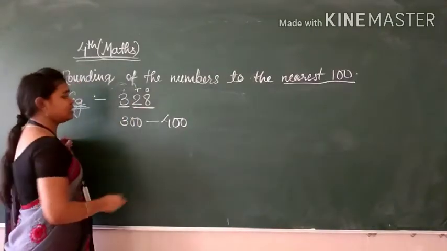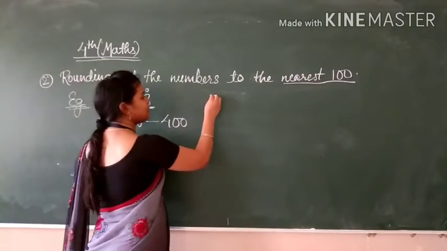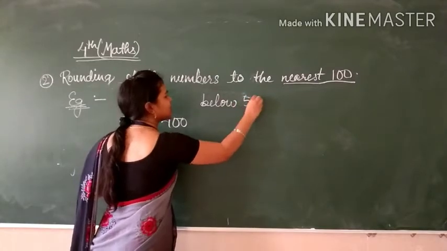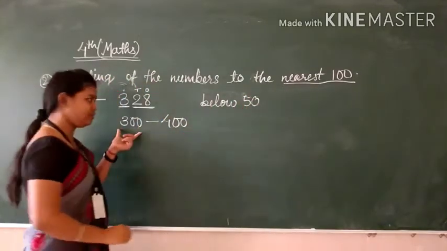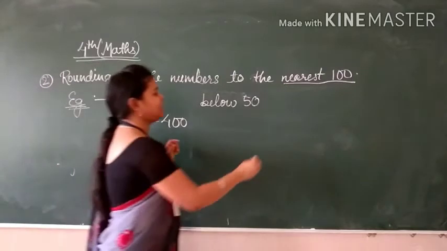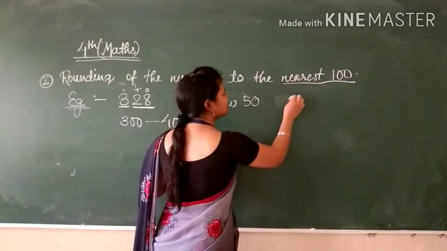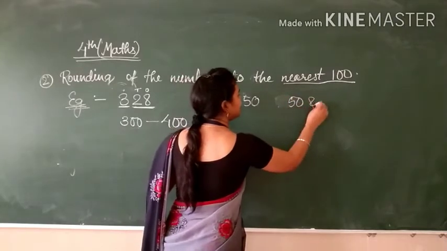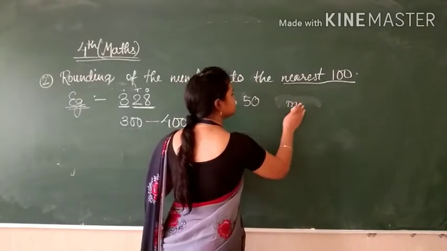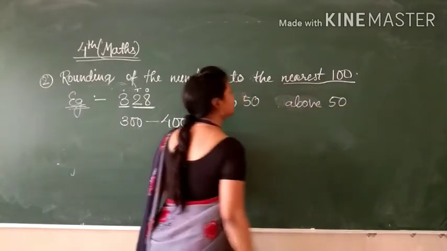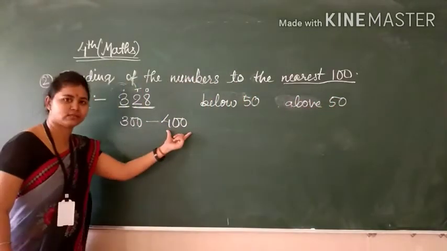So we have to see here, if it comes below 50, it will come to the previous, and if it is 50 and above, it will go to next.